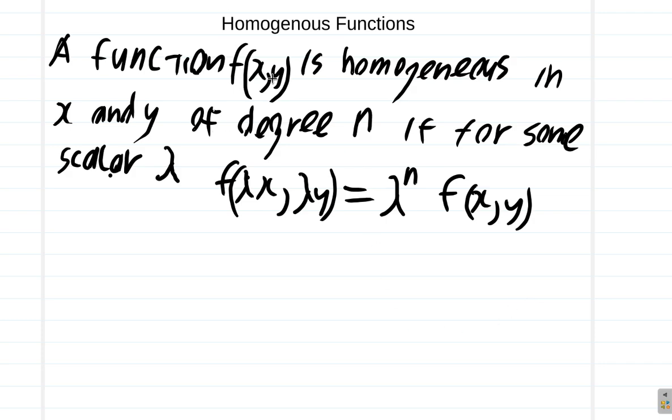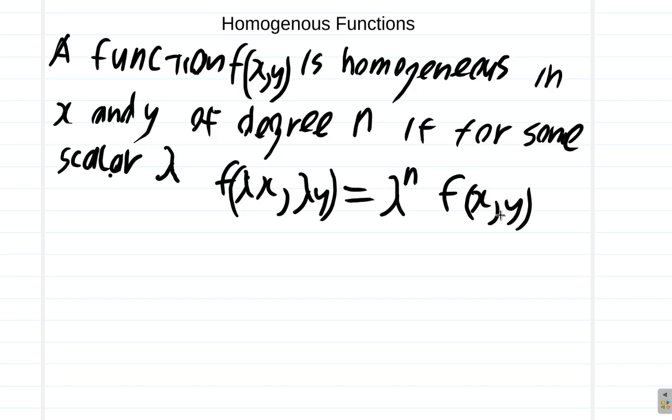You have a function in x and y, right? Now if you take x and multiply by a number, and you take y and multiply by that number as well, you work it out so that you can have that number raised to a power multiplied by the original function f of x and y.